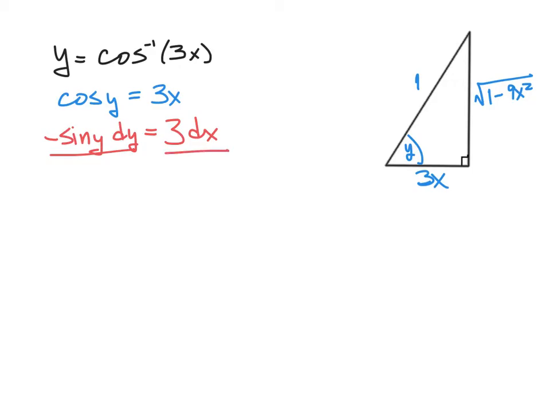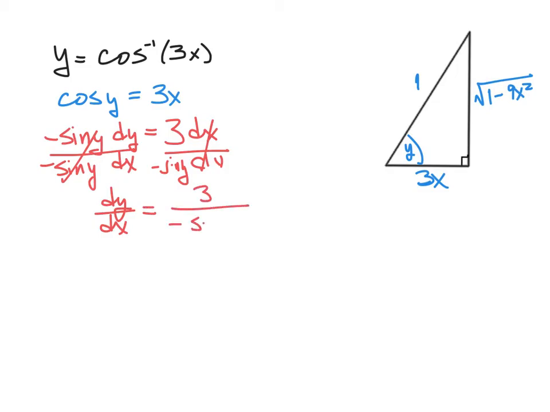We want to divide by dx to get our dy dx on the left, and then also divide by negative sine of y to get that alone. Rewriting our answer, we got dy dx is equal to 3 over negative sine of y.